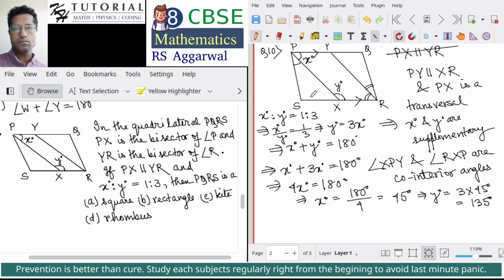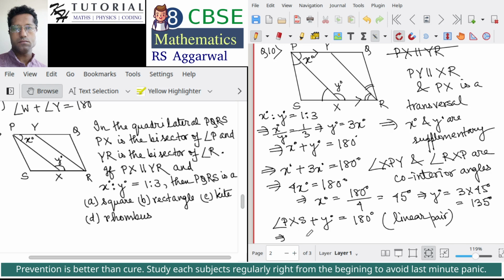Now, what will be this angle? So angle PXS will be, since angle PXS plus y degree are a linear pair of angles, so they are supplementary. Their sum will be equal to 180 degree since they are a linear pair.